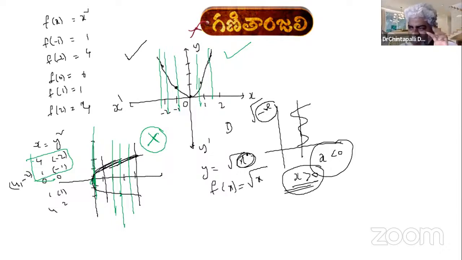So have you noticed the correct reason? The square root of a negative value is not real. Theoretically, it is not a real number. Graphically, it can't be a function. That's the reason.